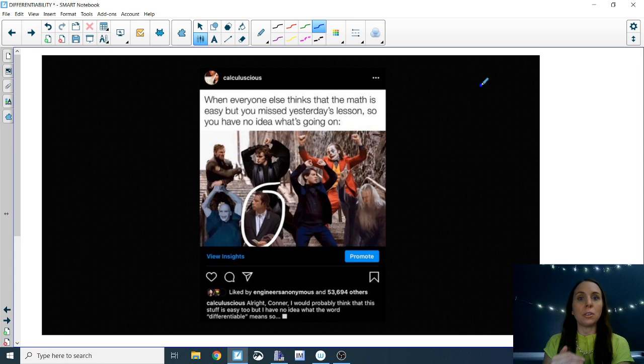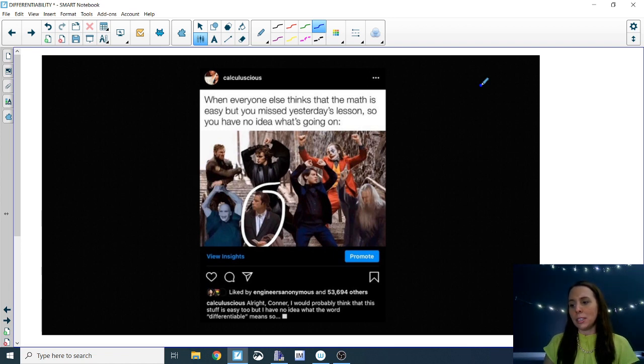In particular, this word always stood out to me as one that I really needed to do a good job with teaching to my students. Anyway, I think I did a pretty good job last year of teaching what the word differentiable meant. But I remember one student in particular being absent when we were going over that lesson. And when he returned the next day, just feeling like this meme.